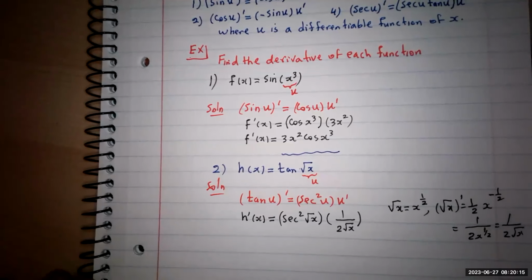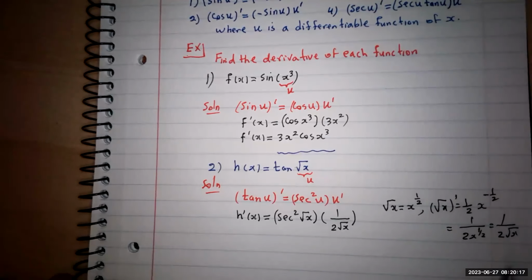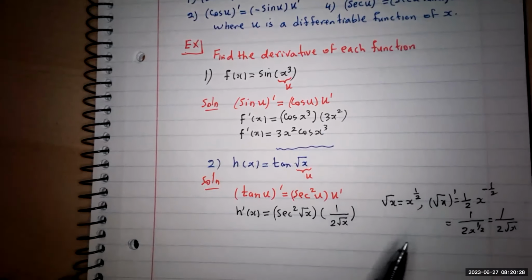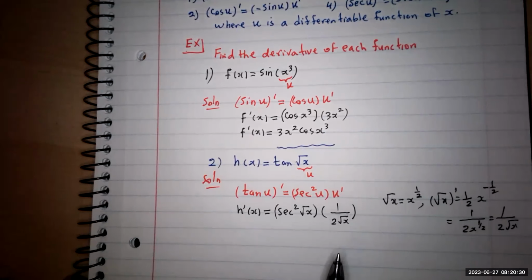So when it's used for the trigonometric functions, simply the derivative of radical x is 1 over 2 radical x. You better get to know this version because it's going to be used in applications in the future.